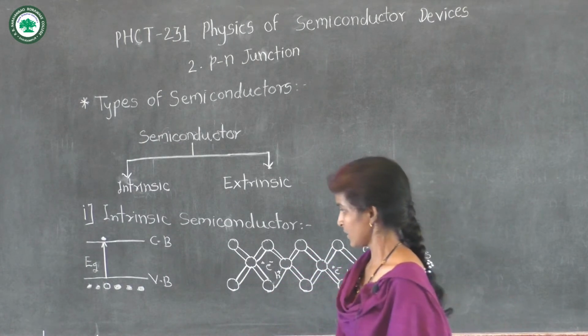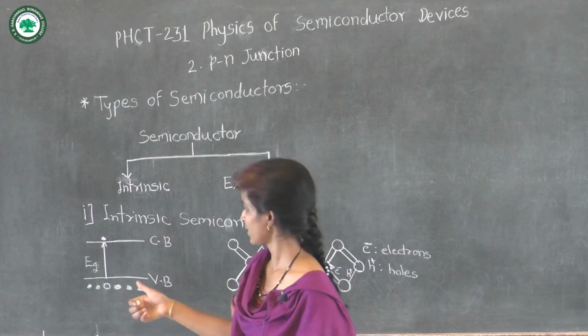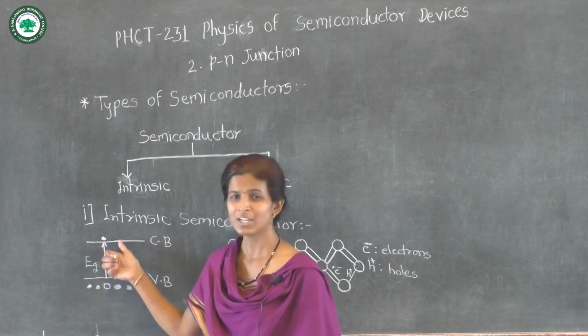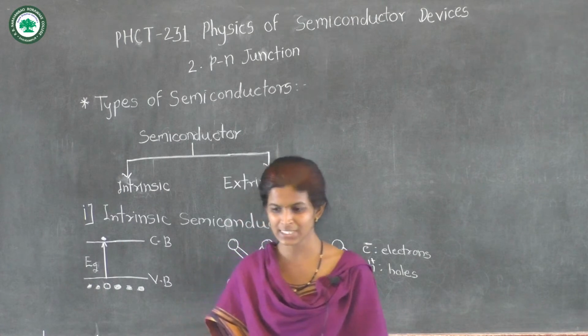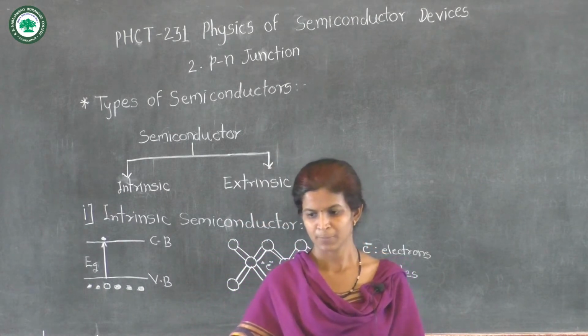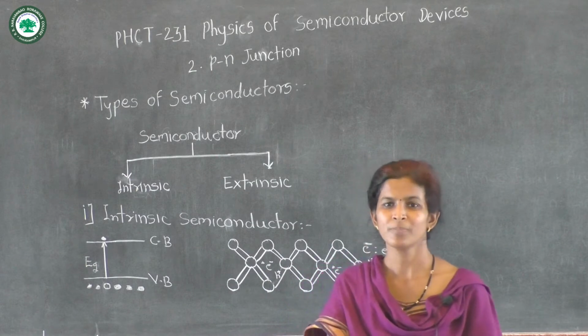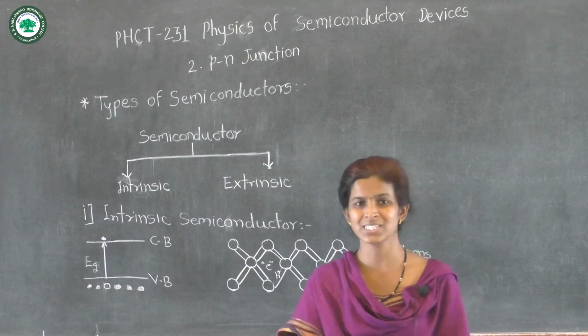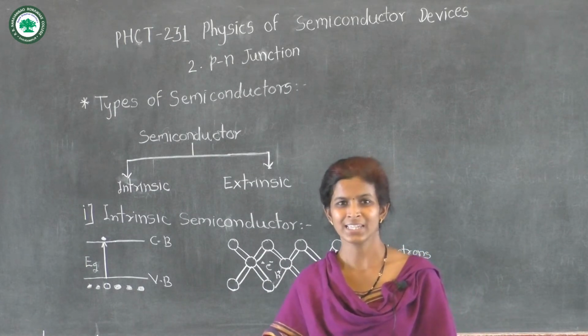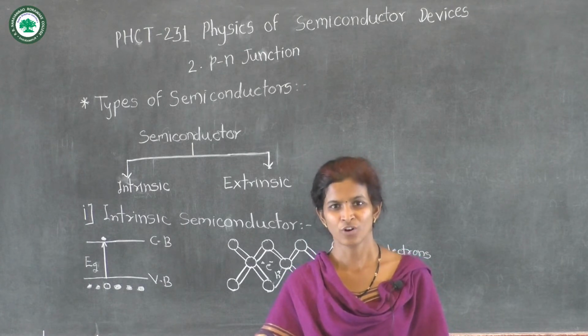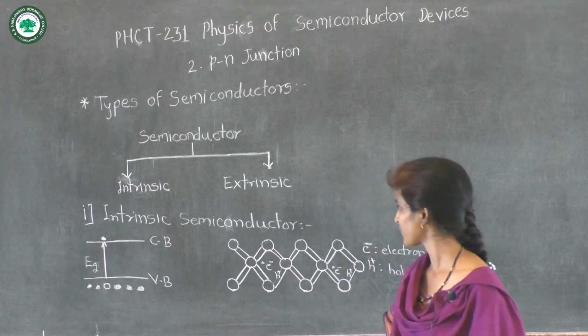This transition of electron from valence band to conduction band can be seen in the broken bond model. That is, when the electron from valence band makes transition to conduction band, there is breaking of a covalent bond.